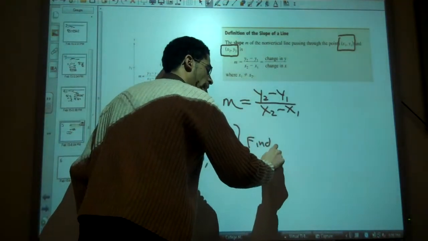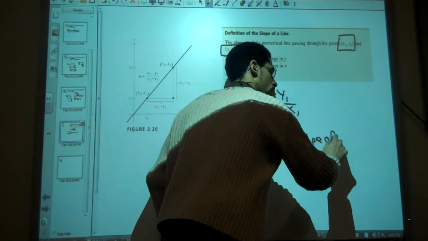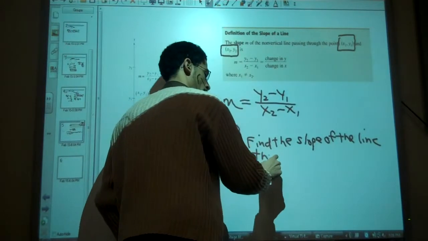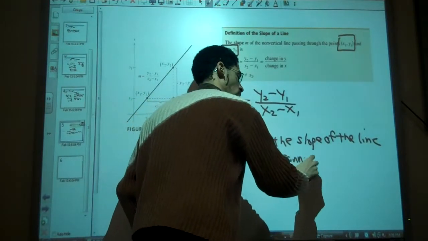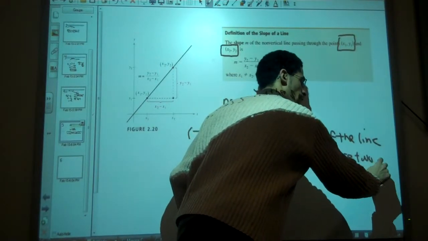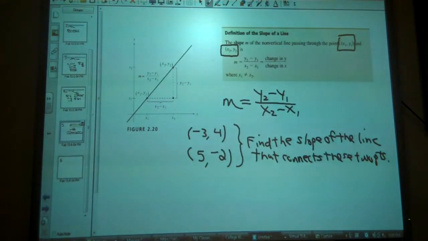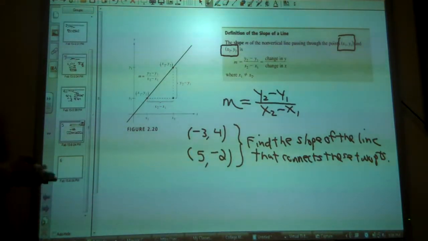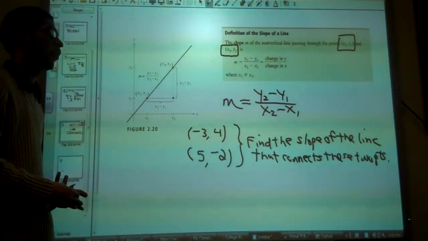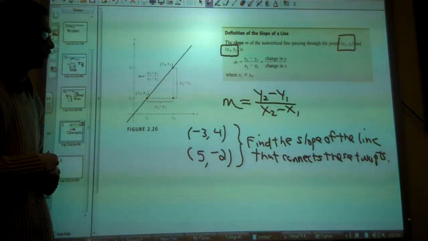Find the slope of that line. We're just going to plug into the formula, that's all. So now this is another formula on top of the formulas we had last time, the distance formula, the midpoint formula. Now we have the slope between 2 points, the formula.